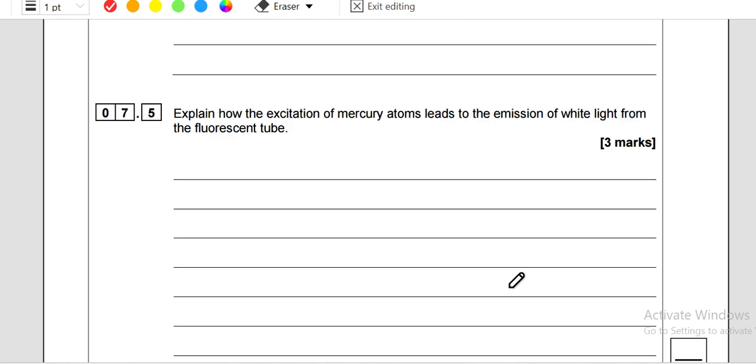Here we explain how excitation leads to emission of white light.